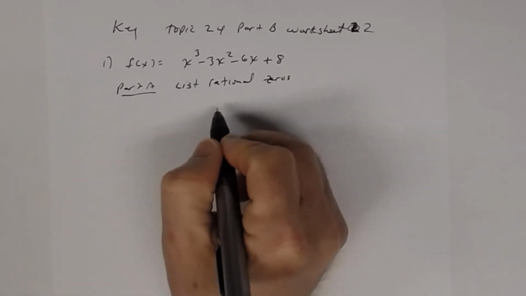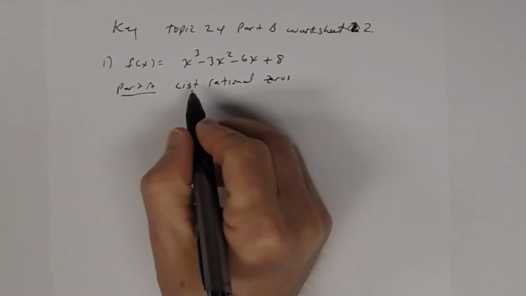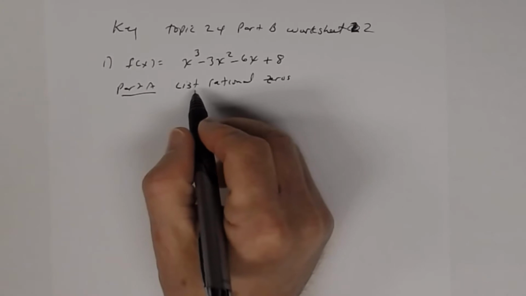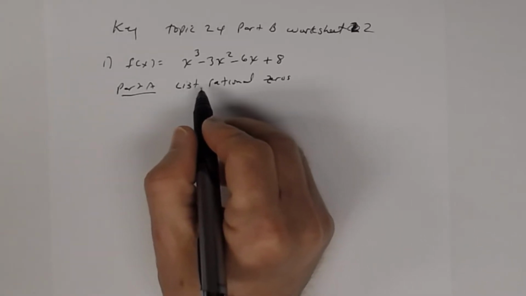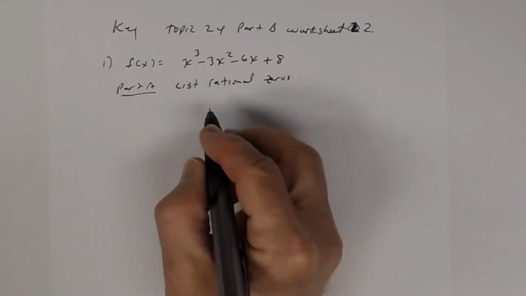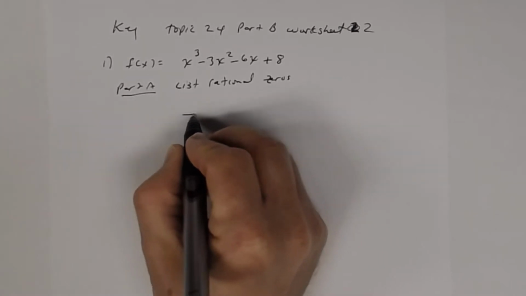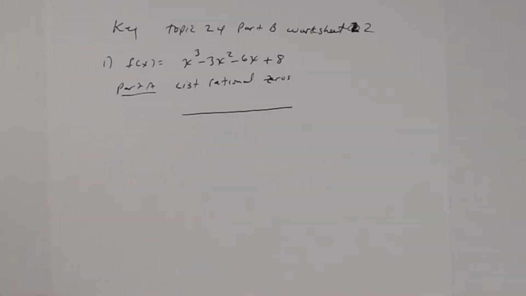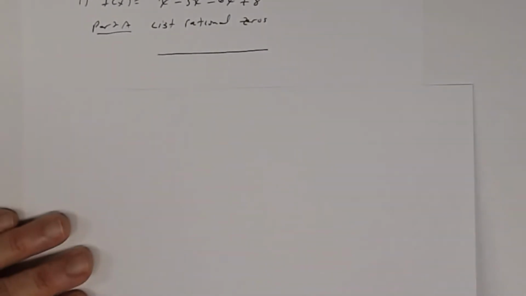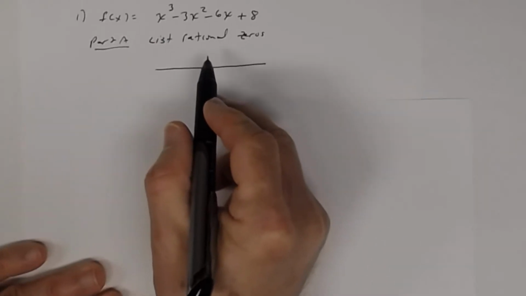Remember, in a previous lesson, you learned how to find those rational zeros. So we're going to list them here, and here's going to be the work for that. It's in descending order, right?